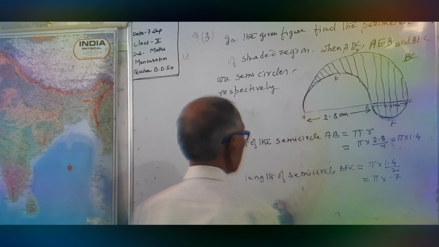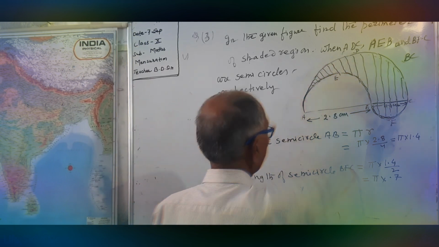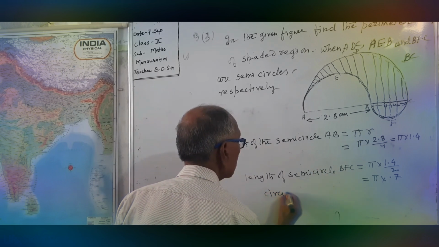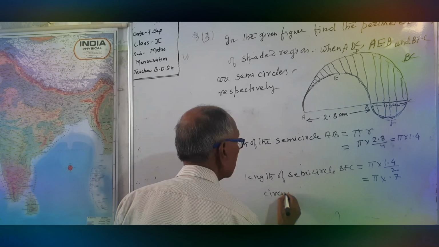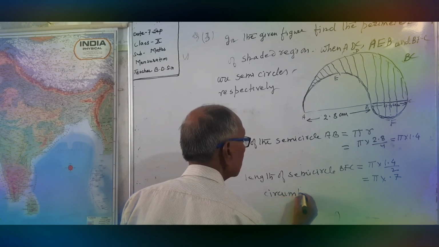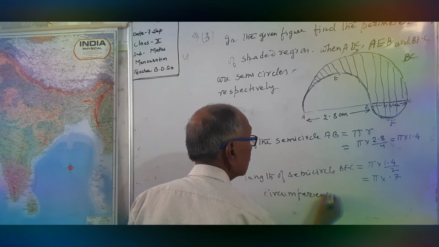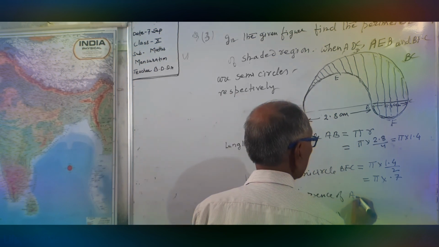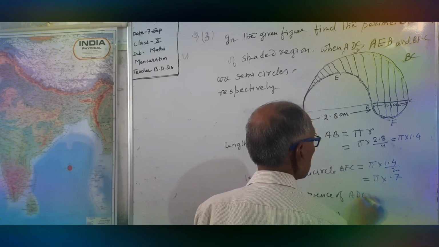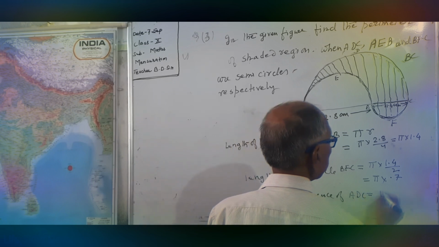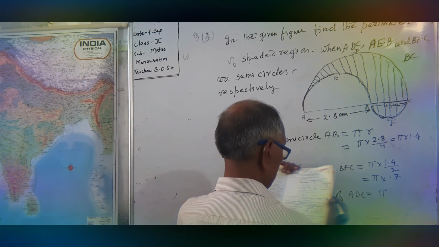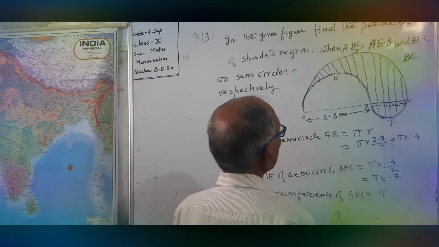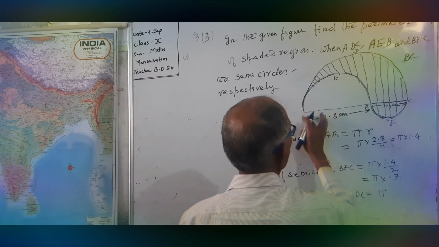Now, circumference of ADC, the bigger semicircle, is equal to pi into AC by 2.